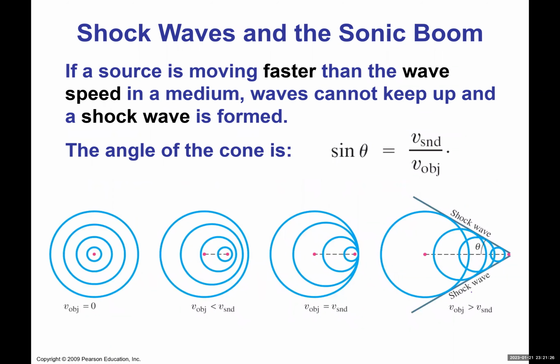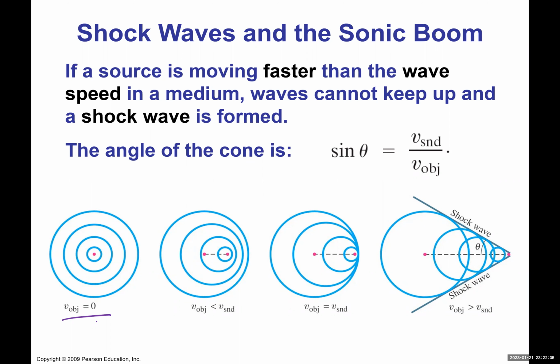All right, so the last couple of concepts we're going to talk about are shock waves and sonic boom. As we talked about, a moving object can create this Doppler effect. Here we have an example where you have a source generating a wave. If the object is at rest relative to the source, then you basically have no effect.